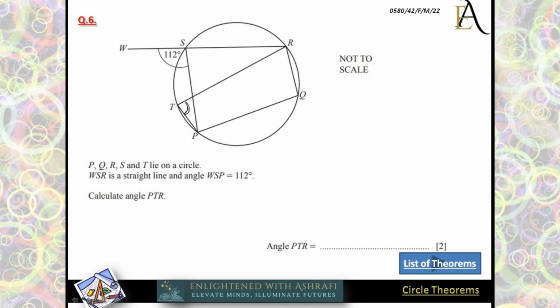Now there are two ways of calculating it. Either use alternate segment theorem and find out this angle. Then since PQRT is a cyclic quadrilateral, you can show that the opposite angles add up to 180 and you can find out this. The second method is where you find out this angle, right?